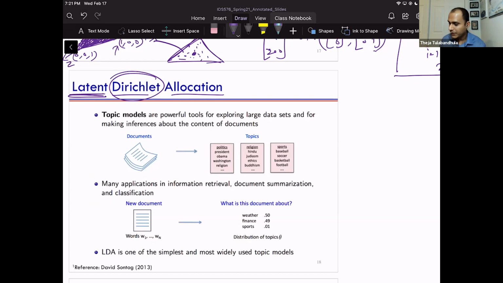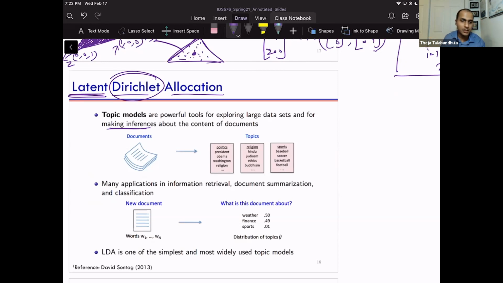and then I'll talk about why the word latent. As the slide says, topic models are tools for exploring large text data sets. You can make inferences, which means just doing EDA, on the content of documents.